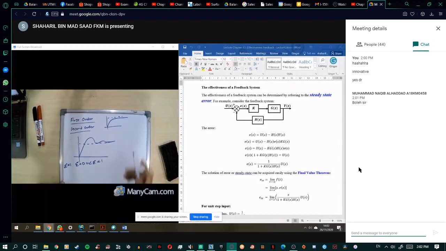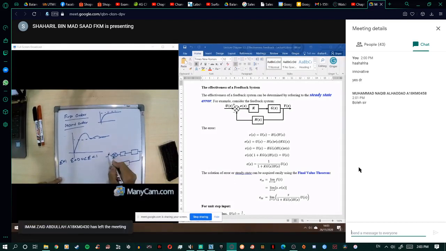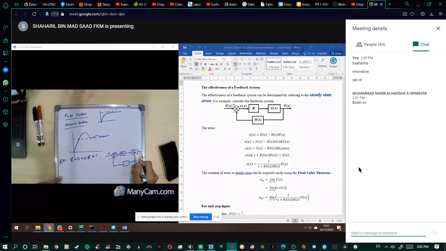We also learned about the basic control system, which has three parameters. Here we have plus and minus, and then the gain K. This one we call the controller, right? And then we have G, sometimes called gain.